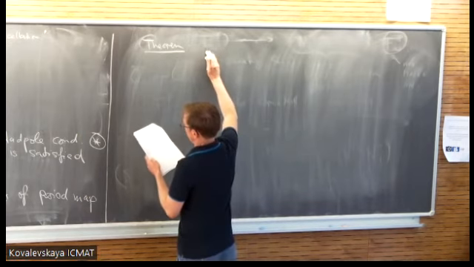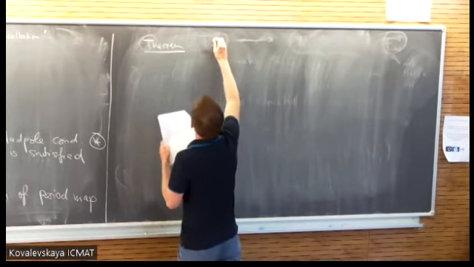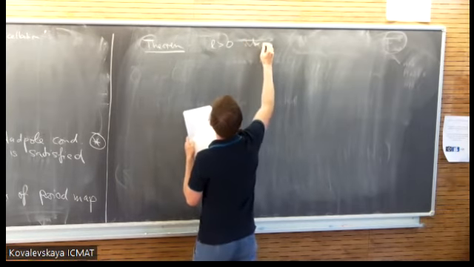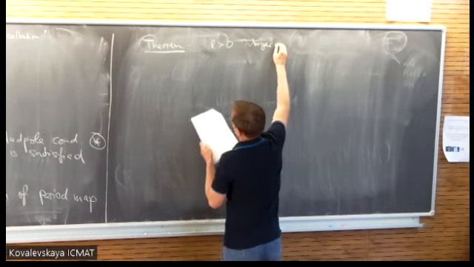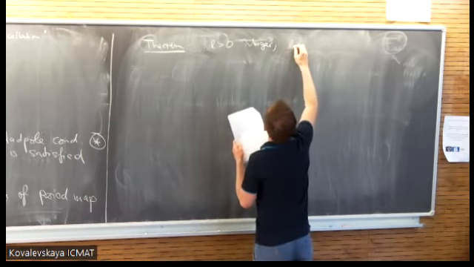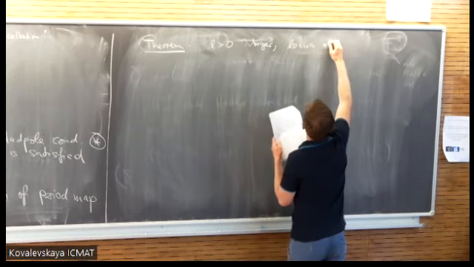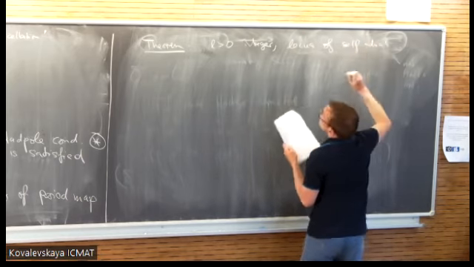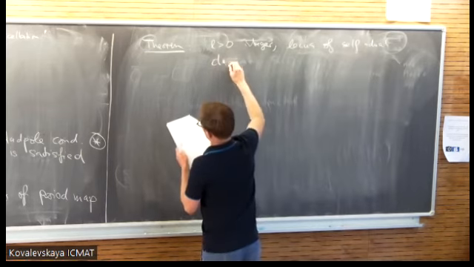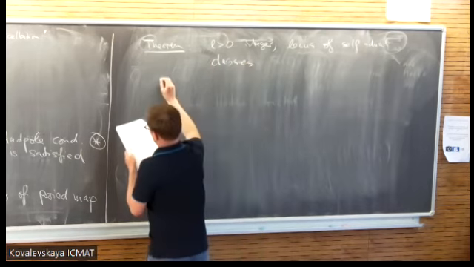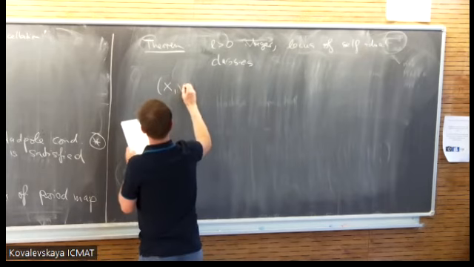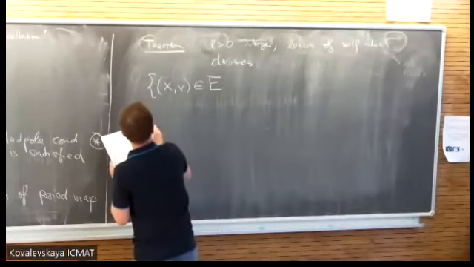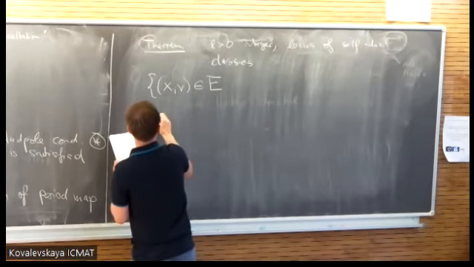So if you take L bigger than 0, an integer, and you define the locus of self-dual classes in X, V, an element of E. So E is the Hodge bundle.